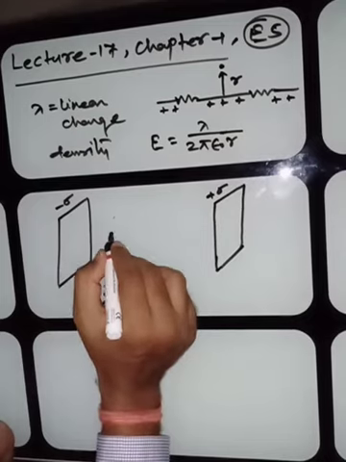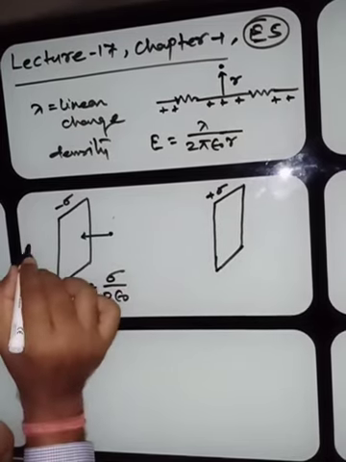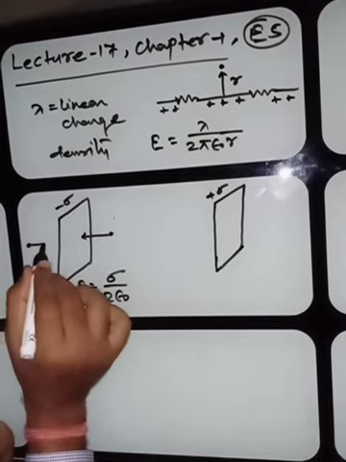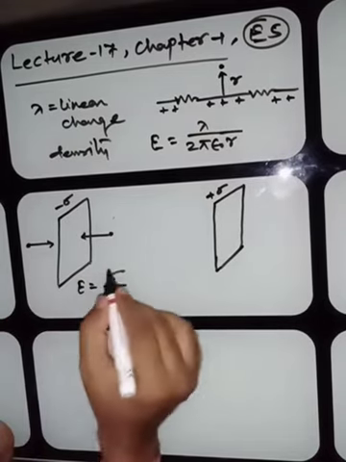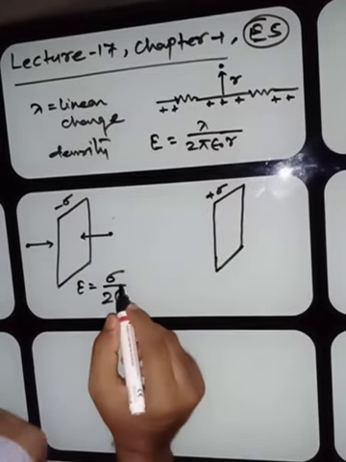At either side, the electric field will be towards the plate. This is the direction of electric field, obtained by the negative sign.